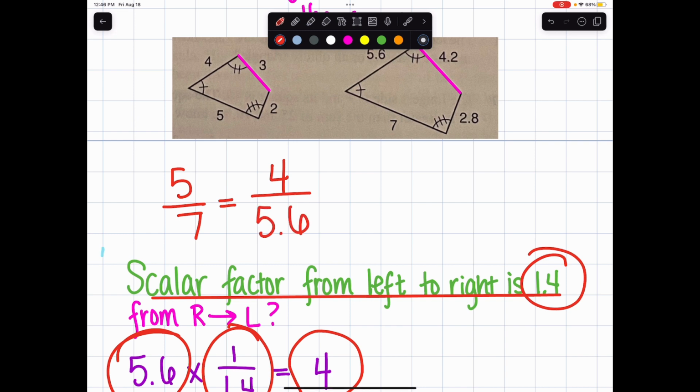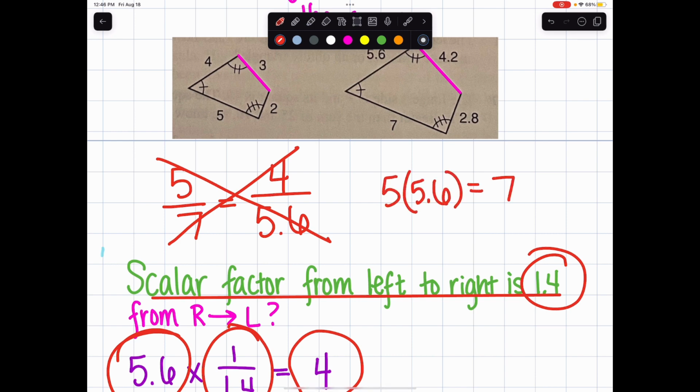When I cross multiply, you should get something that is equal. So 5 times 5.6 is equal to 7 times 4. That means 28 is equal to 28. Yeah, cool, right?